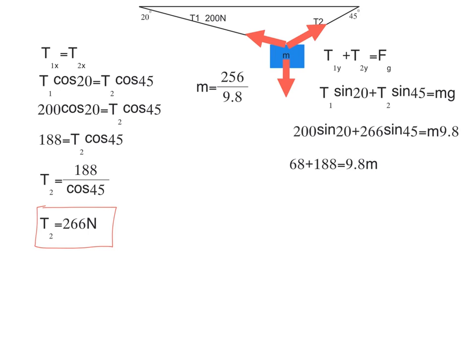That the mass is going to equal 68 plus 188 is 256 divided by 9.8. And then we punch that into our calculator and we get that the mass is going to equal 26.1 kilograms.